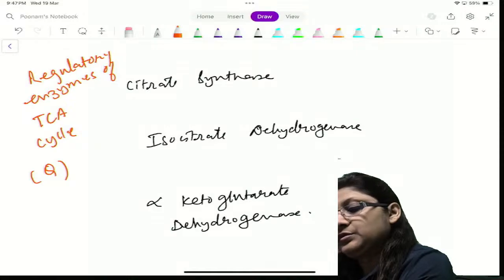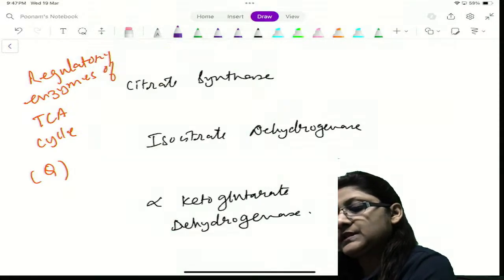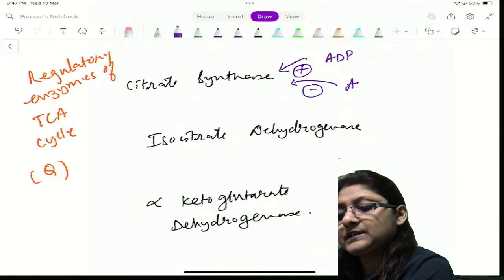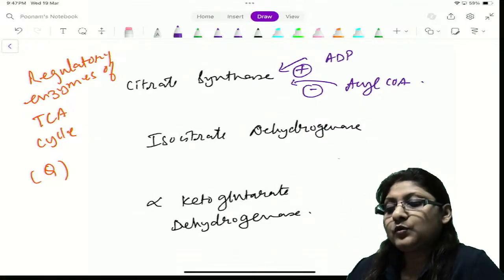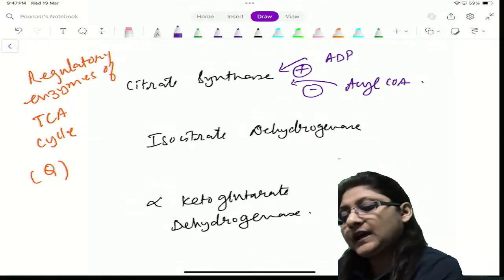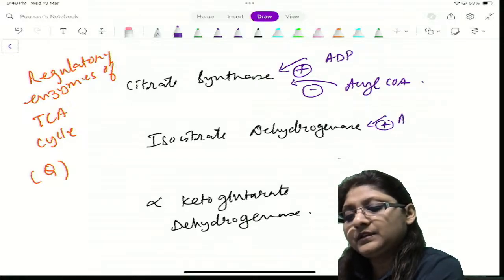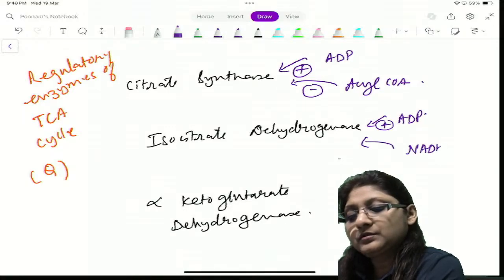Citrate synthase is getting activated by ADP and inhibited by acyl-CoA. Isocitrate dehydrogenase is activated by ADP, inhibited by NADH, and also inhibited by ATP.